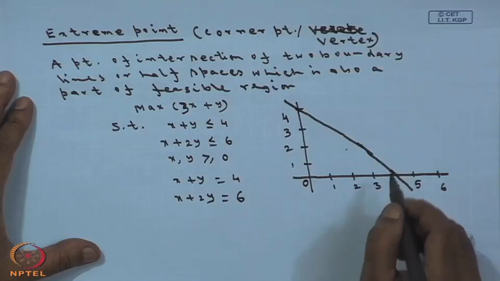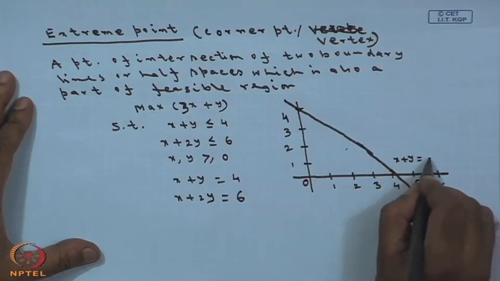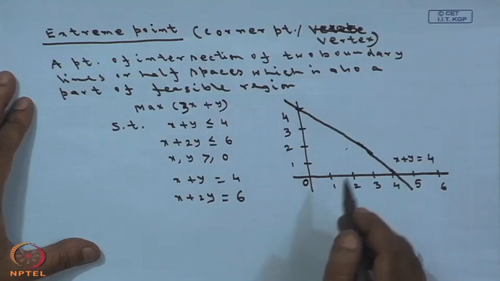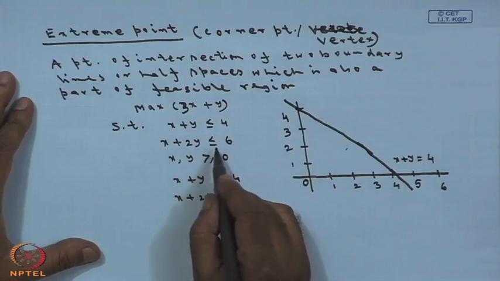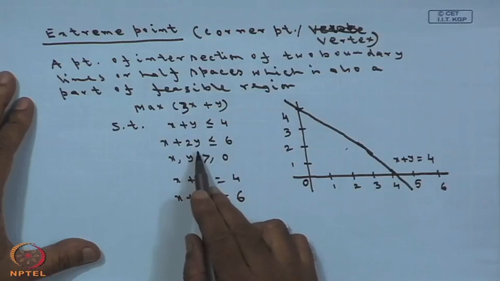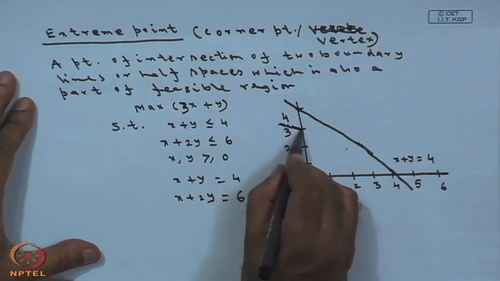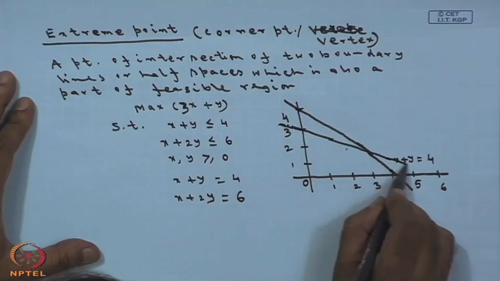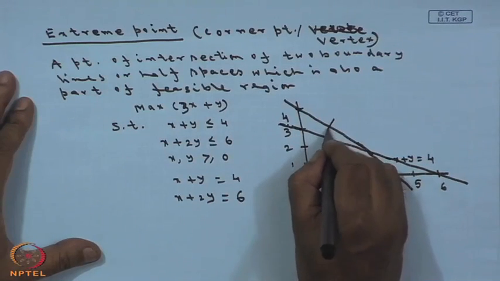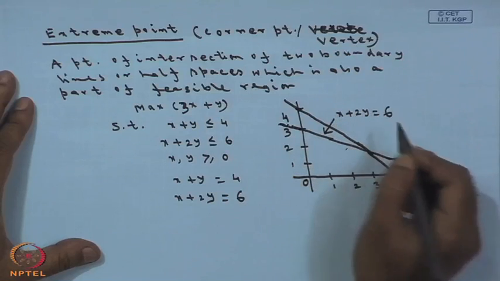This is basically the line x plus y equals 4, that is, 4, 0 and 0, 4 are the points. For the other line it will pass through, I think, x or y being 0: so, 6, 0 and 0, 3. I am just drawing the line, this one. So, this line is x plus 2y equals 6.